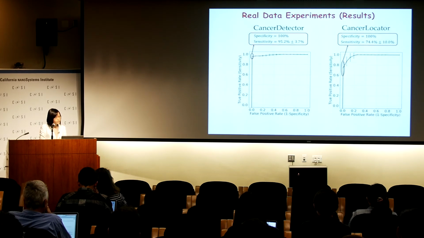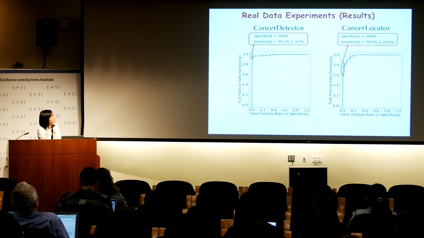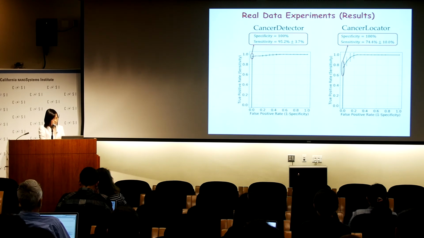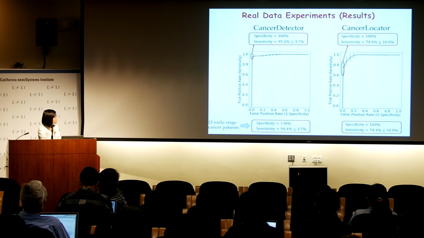And for the real data, we tested on liver cancer samples. We can see that with CancerLocator, when specificity is 100%, the sensitivity is 74%. With CancerDetector, the specificity is 100% and the sensitivity is 95%. And for the 25 early stage cancer samples, when the specificity is 100%, the sensitivity is 94%.